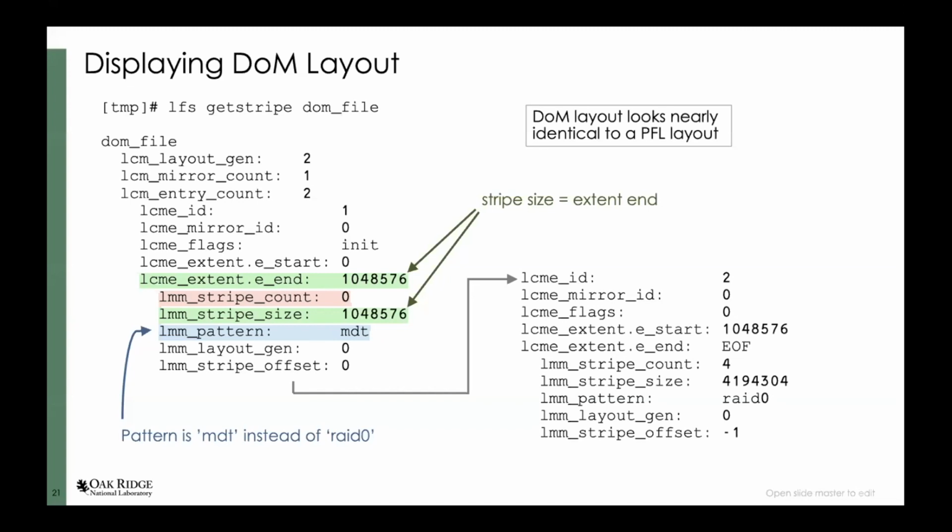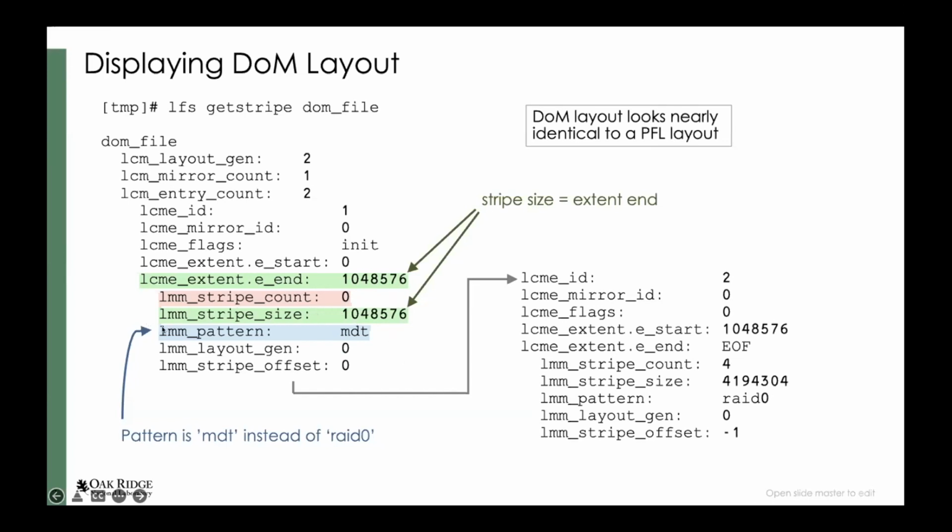The first component is always stripe count 1, and the stripe size covers that entire first component, so they'll always match. It will show a stripe count, and you'll notice in red it shows a stripe count of 0. I'm not entirely sure why that is. It would probably be more accurately 1, but yes, it will reside on exactly 1 MDT.